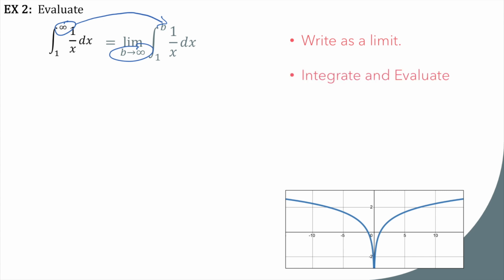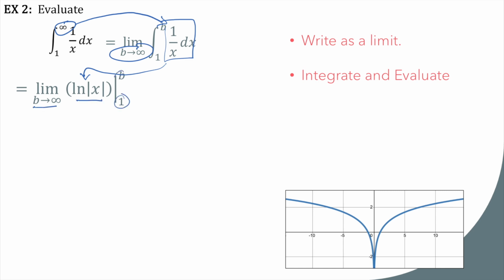Now we can just integrate and evaluate. The antiderivative of 1 over x is ln of the absolute value of x. So we're taking the limit as b approaches infinity of ln of x from 1 to b.